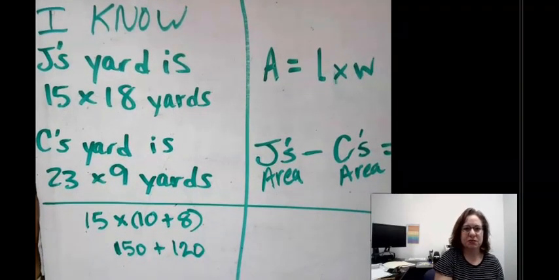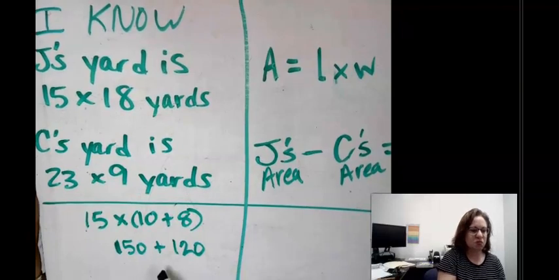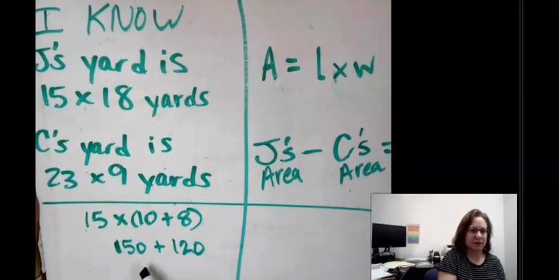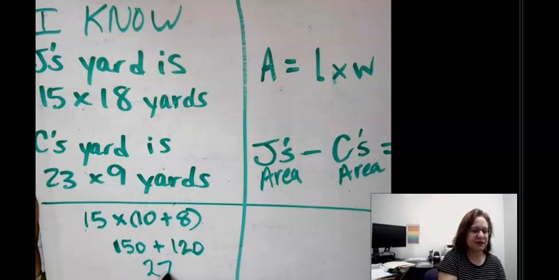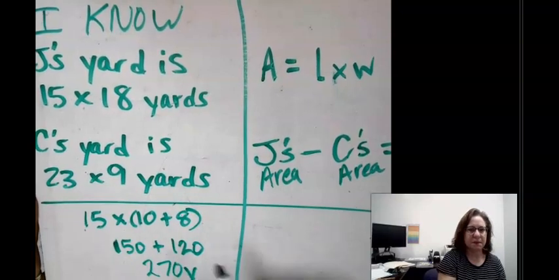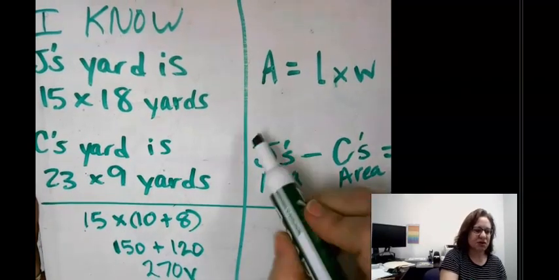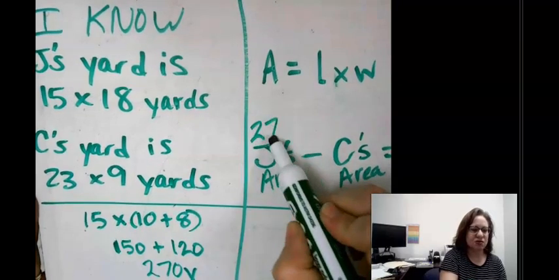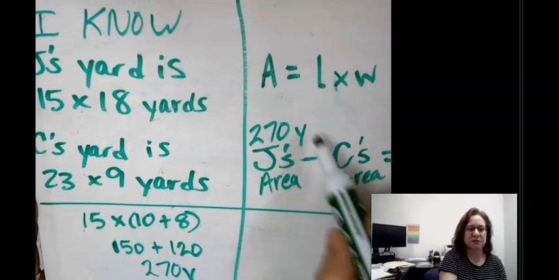So when I put 150 plus 120, I get 270 yards. Okay, so that's Jasmine. She has a yard that is 270 yards.